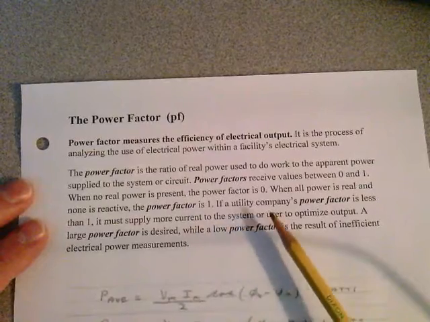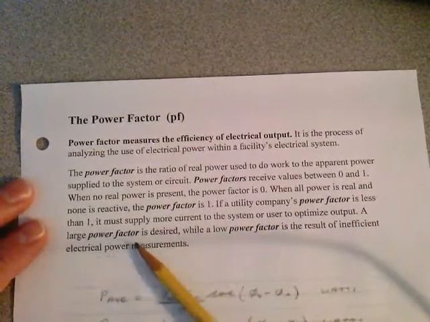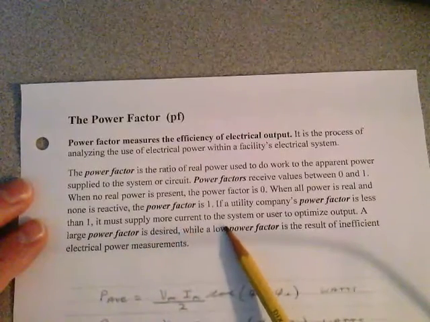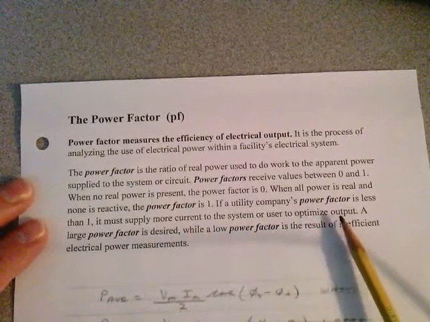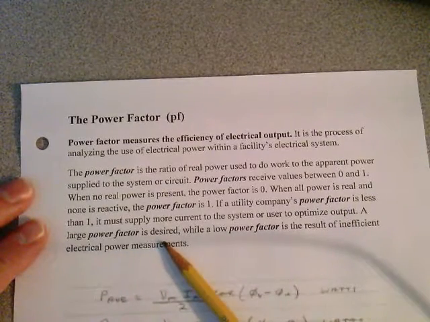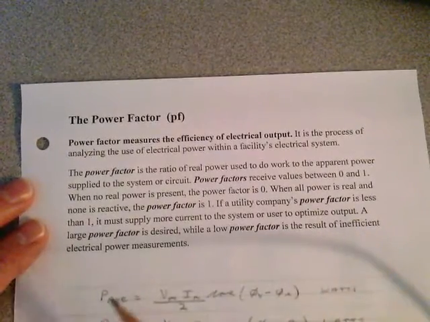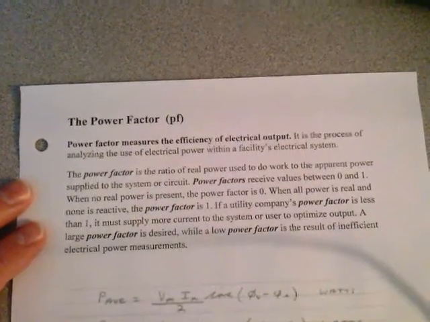If a utility company's power factor is less than 1, it must supply more current to the system or user to optimize output. A large power factor is desired, while a low power factor is a result of inefficient electrical power measurements.